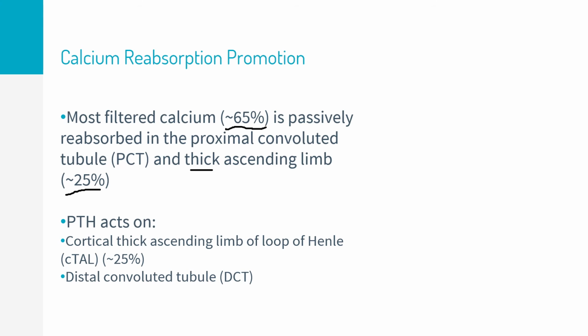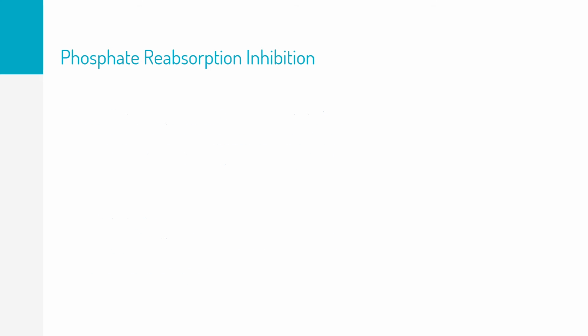So again, the reabsorption passively happens in the PCT and the thick ascending limb, and mostly in the PCT. However, parathyroid hormone acts on the thick ascending limb of the loop of Henle and the distal convoluted tubule.